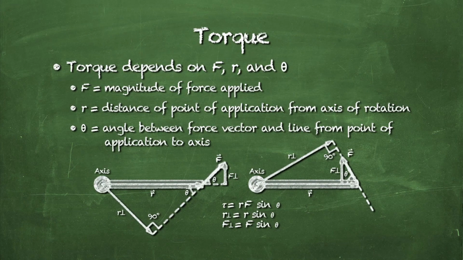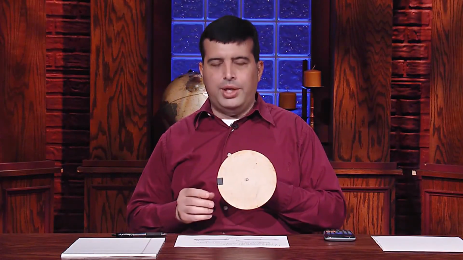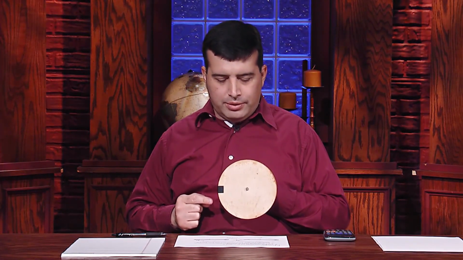The torque on an object depends on three things. It depends on the force that is applied to an object. It depends on the distance that force is applied from the pivot point, and it also depends on the angle of the force. Let me demonstrate that for you. Here I have a wheel, and if I want to make that wheel rotate, at first I have to apply a force to it.